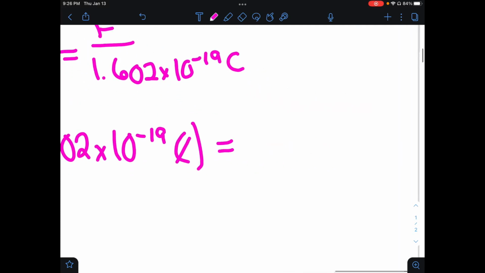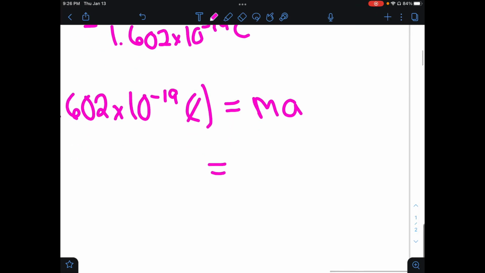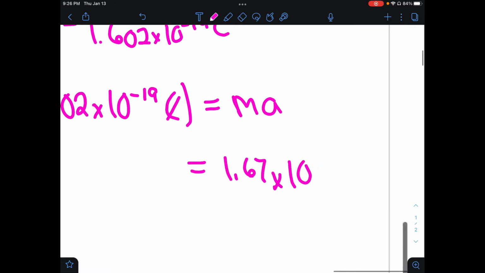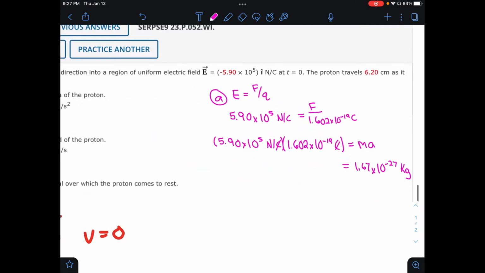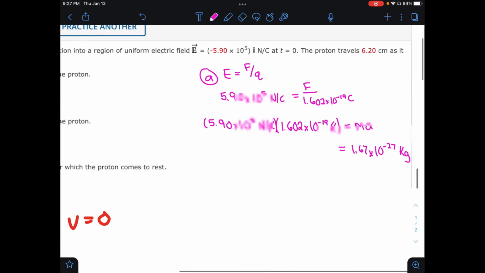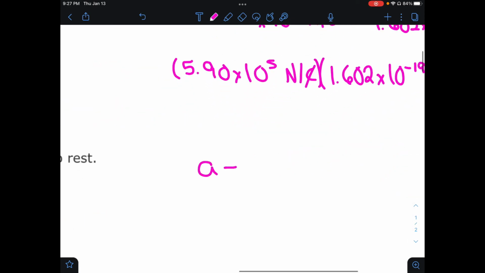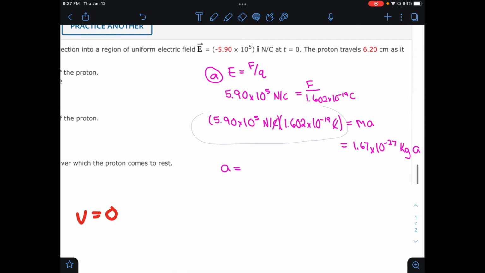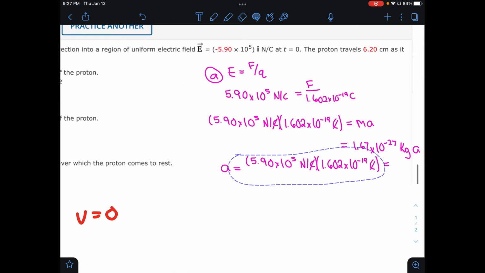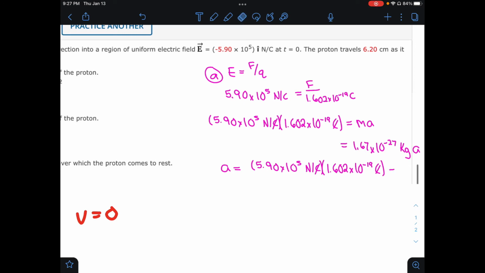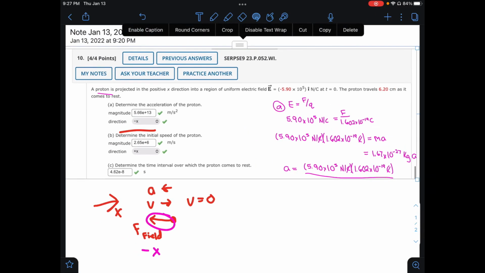I'm going to substitute force for mass times acceleration, and go a step further by substituting the mass of a proton, which is 1.67 times 10 to the negative 27 kilograms, times A. So then our A would be equal to this whole thing up here divided by the mass of our proton.